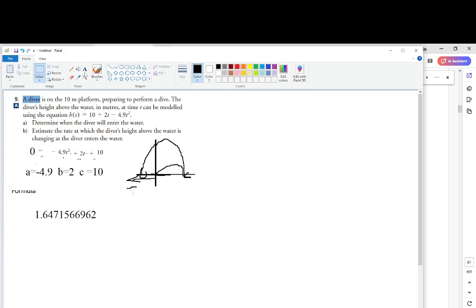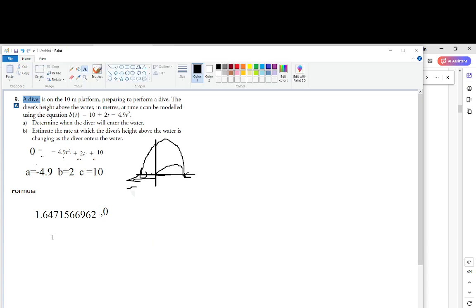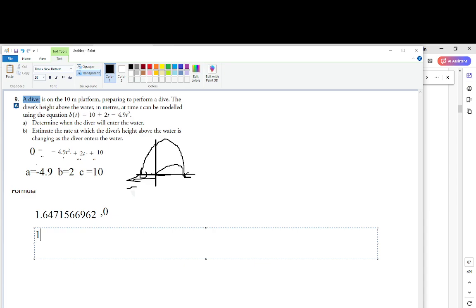But really what this one's interested in is an instantaneous rate of change. Since we know that the height, the y value there, is 0, let's take a time that's slightly more, a plus h. And we need to find our second value, or if you want, our f of a plus h.